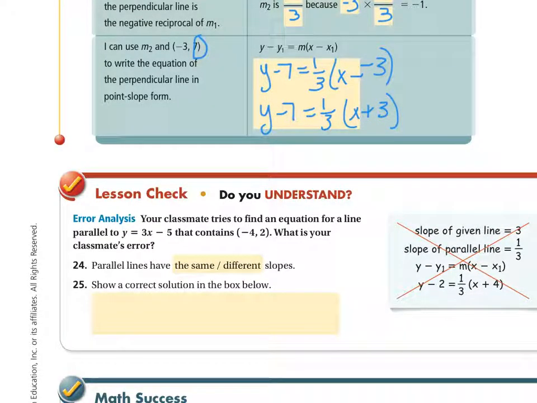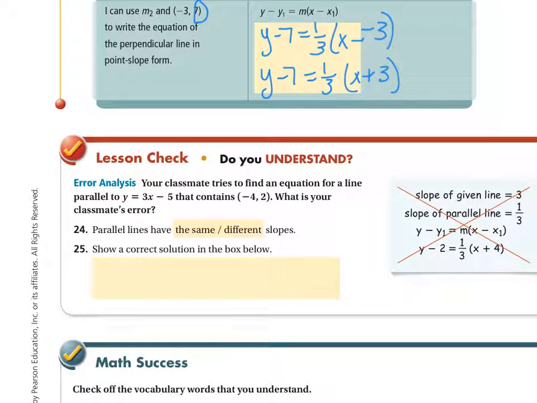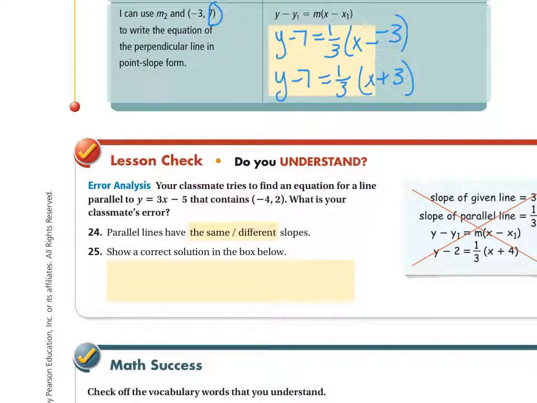So error analysis here. Your classmate tries to find the equation of a line parallel to y equals 3x minus 5 that contains the point (negative 4, 2). What error did they make over there? Parallel lines have the same slopes.